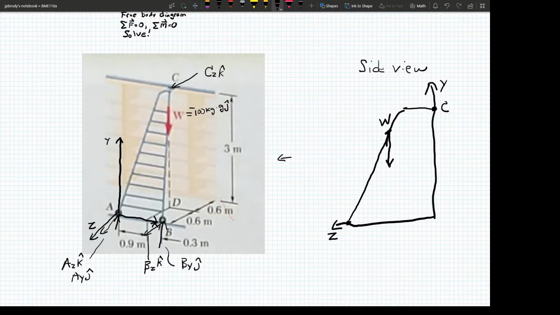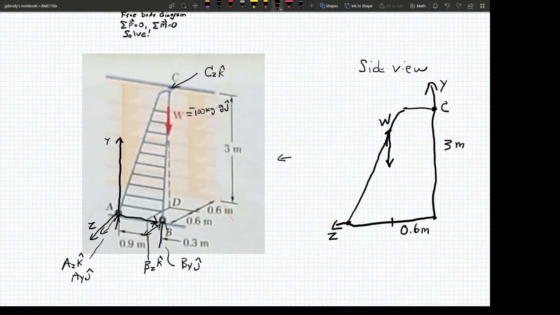Okay, so if I look at this side view, you can see I can put some numbers in here. This is 3 meters from the origin up to C. And this is the side view, so it's going along here. And this should be 0.6 meters and 0.6 meters.